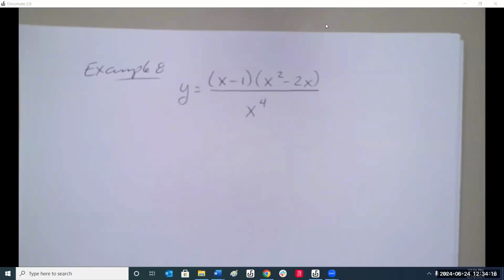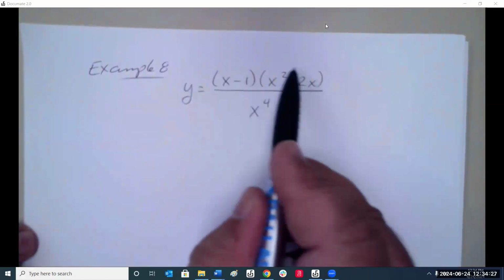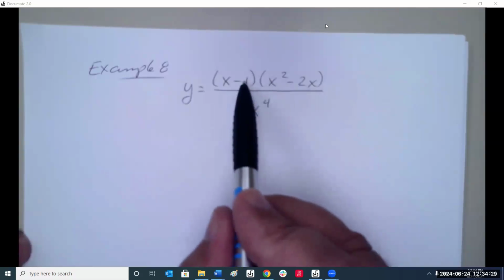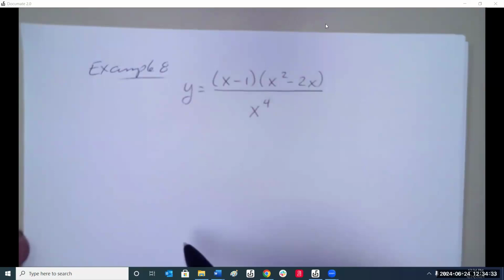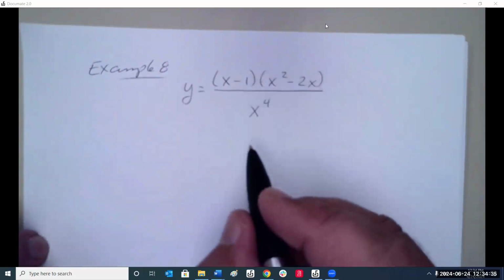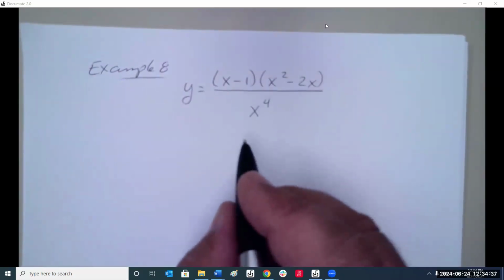Now, how many of y'all would use the quotient rule and the product rule here? Good. You could do that, where this would be F and this would be G. When you take the F prime, you have to do the product rule. Or you can multiply them together, which would be the best thing to do so far.